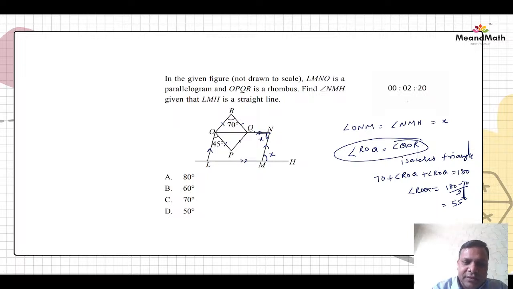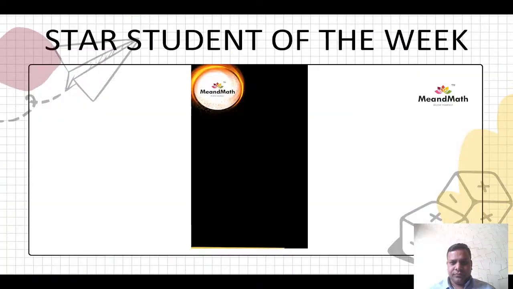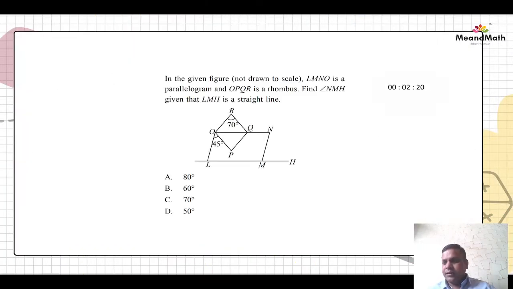Which angle? I mark here. This is 55. If this is 55, this is also 55, and 55. So this is 55 degrees, 55 degrees, 55 degrees and 55 degrees.